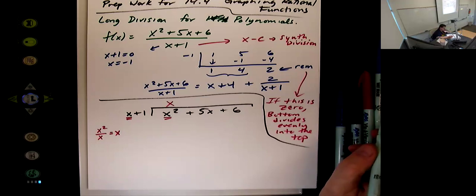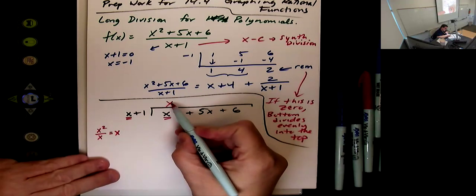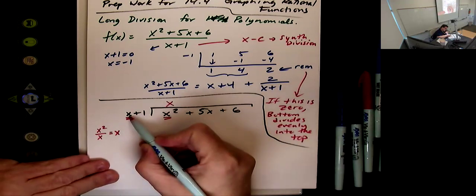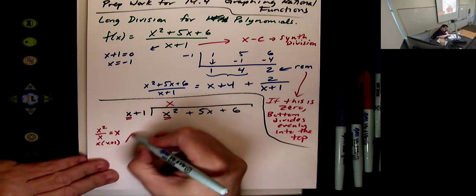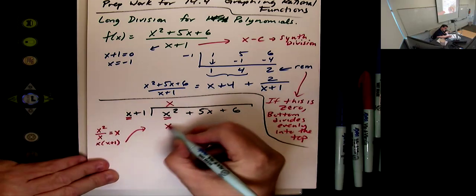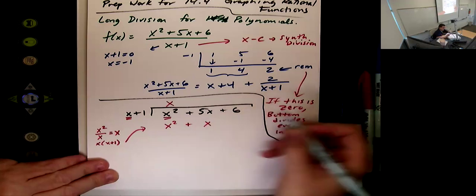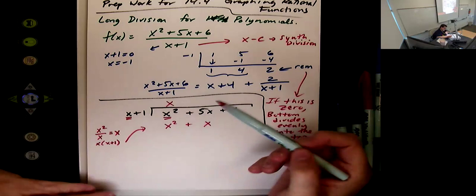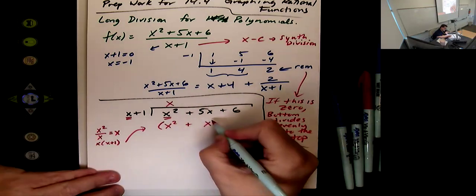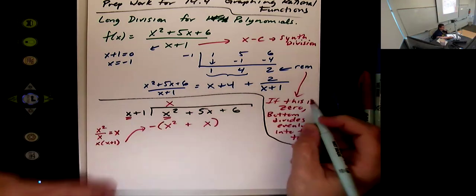So then we take the x, we bring it down, we multiply by this. x times x plus 1 is x squared plus x. And then just like regular division, we subtract.